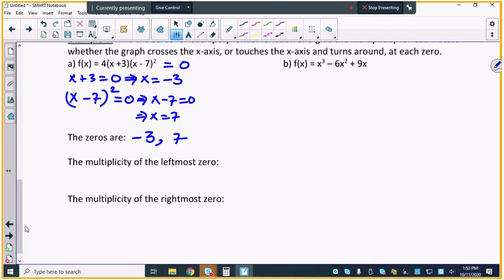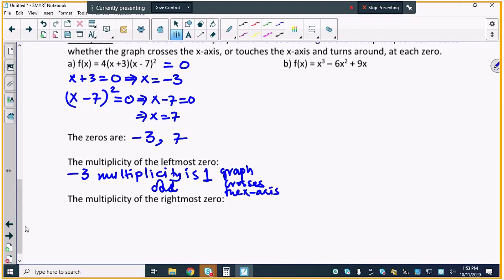Negative 3 is the leftmost zero. And the multiplicity is 1, because the factor appears exactly once. We are wondering whether the multiplicity is odd or even. So it is odd, so at this x-intercept, the graph crosses the x-axis.